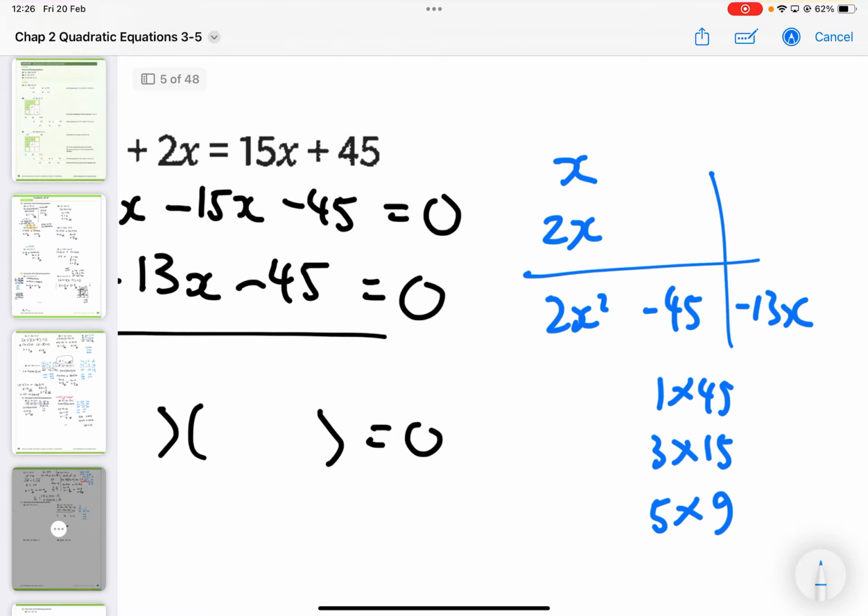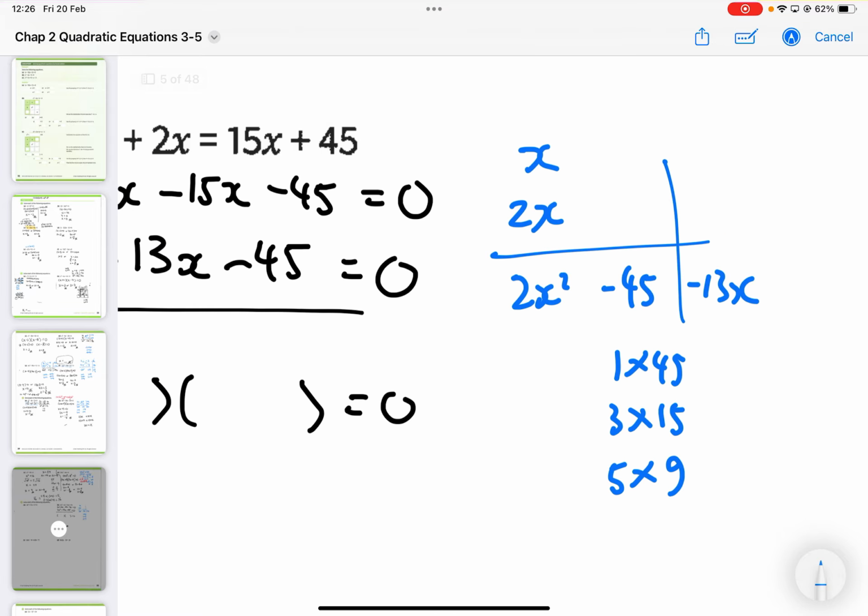Okay? Then I must go and think already. What is the number I want? I want to end up with minus 13x. Then this one is minus, so one of them is plus, one of them is minus. Okay? If I choose 1 times 45, no matter 45 times 1 or times 2, also too big already.